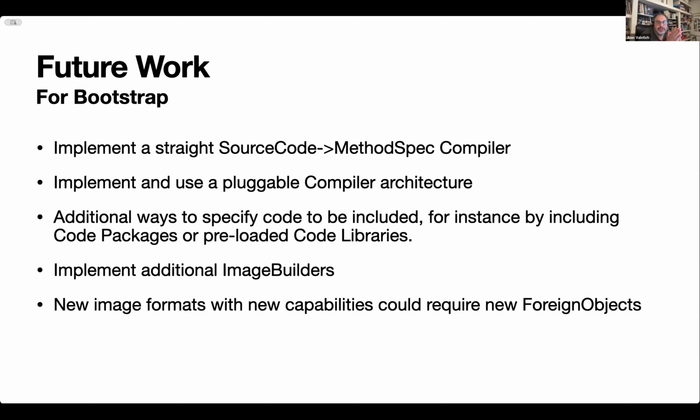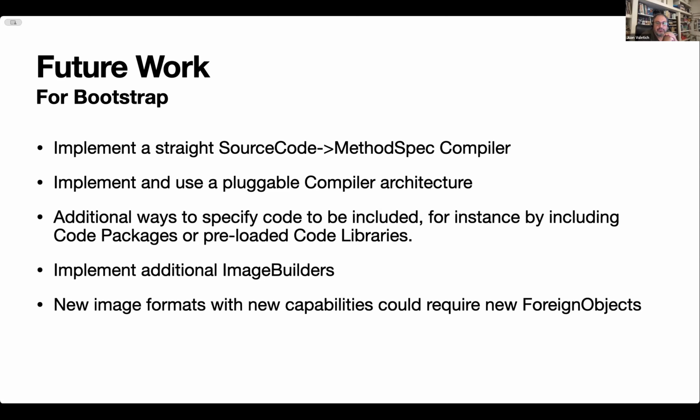So future work includes actually writing the missing parts, this separate Smalltalk compiler that can compile source code straight into class specs and method specs without going through classes and compiled methods, and without installing those in the system, and ideally using any desired bytecode set. Other ways to specify code to be included are also possible.